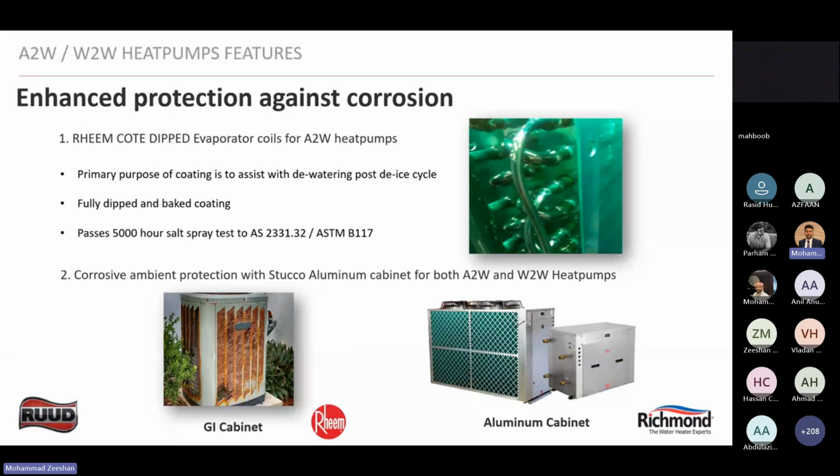After passing, we can see that the corrosion is very less. There's no corrosion on the heat pumps, thus ensuring that the heat pumps operate without having any issues of quality. We also provide a stucco aluminum cabinet instead of the GI cabinets to ensure that in ambient conditions such as ours in the Middle East, this does not corrode at all, thus providing longevity on the product itself.